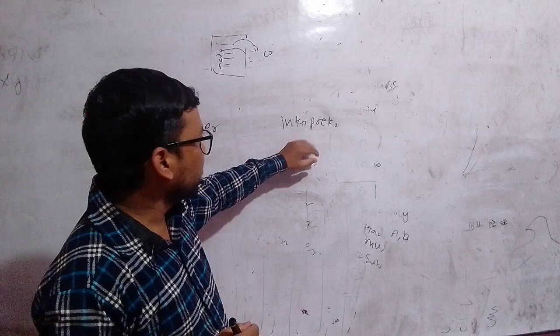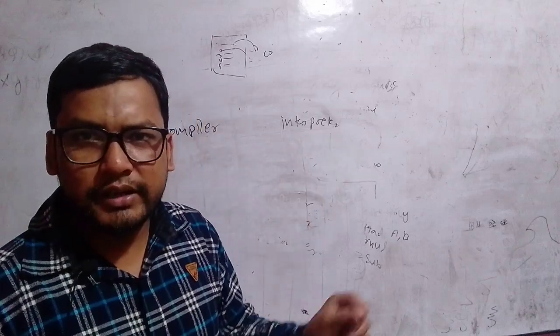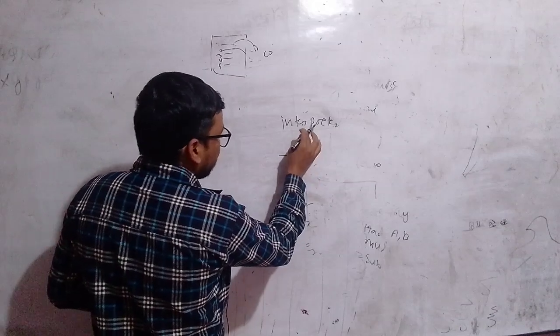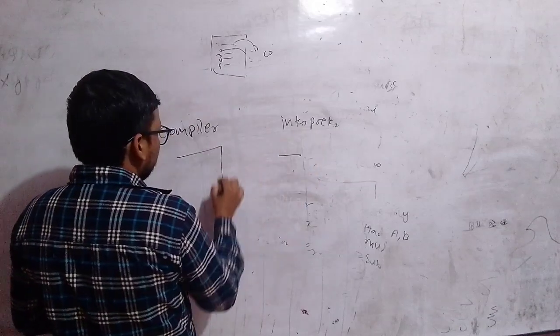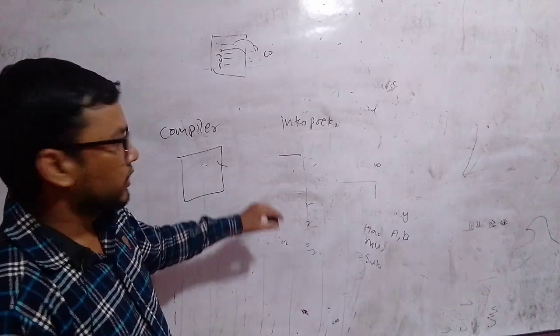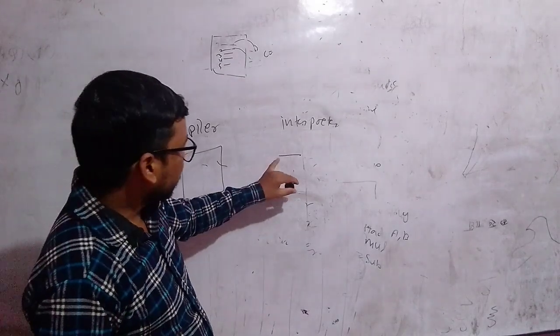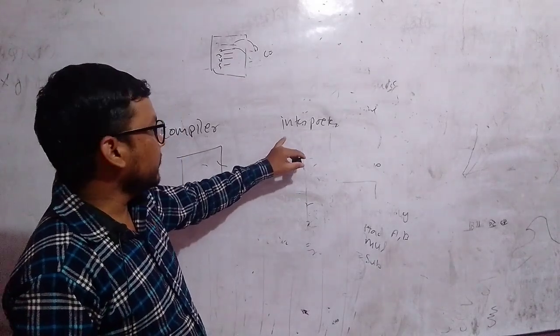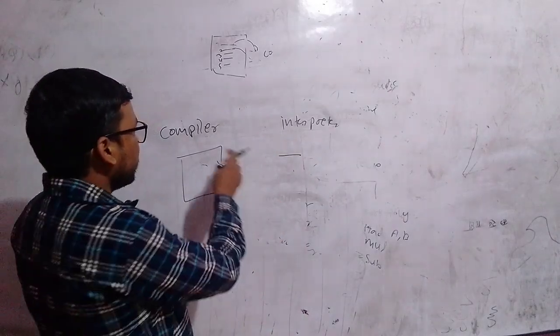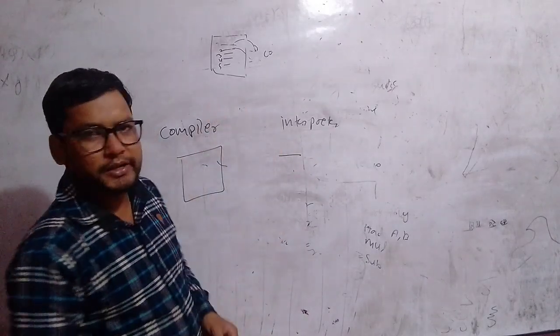But the interpreter takes a single line of code and translates it into machine level language. It translates a single line of code so it is fast. The compiler translates the whole code so it takes time. So for that case only, the interpreter is fast. But if we compare the whole program, then in that case the compiler is faster than the interpreter.